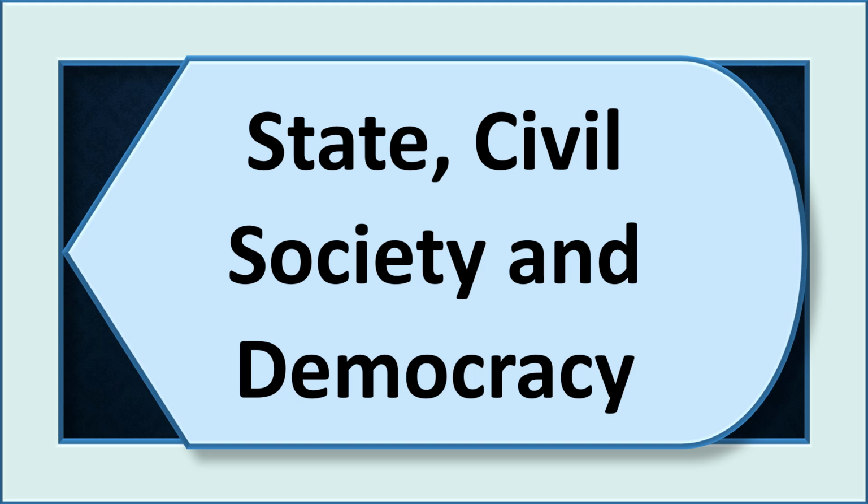Such a state has to respond to the ever-growing demands of civil society. Its role, more or less, is that of a coordinator. It has to interfere least in the social and economic life of the people. It has to be regulative in character.